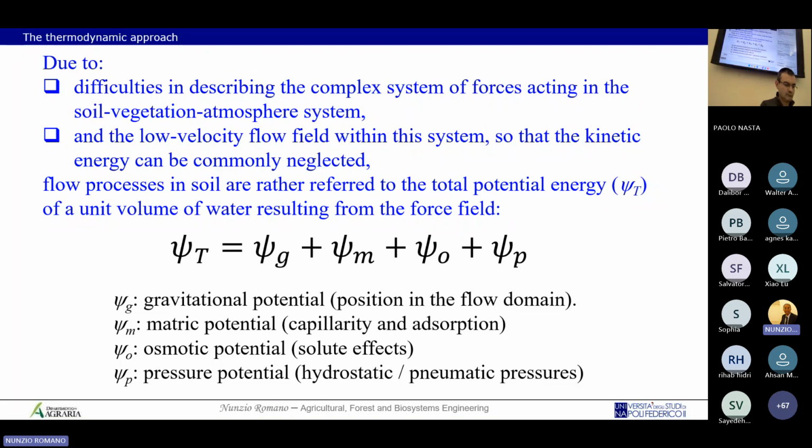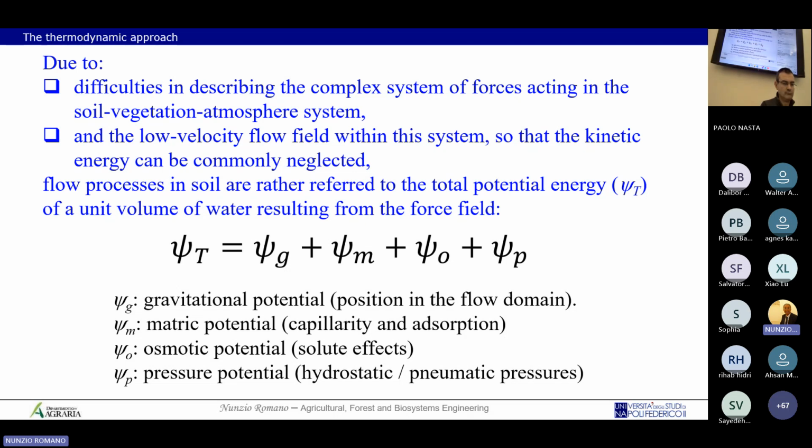So what we have, because of the forces that I mentioned before, is a total potential energy, Psi with the T total, that we can, in a very practical way, split in 4 components. We have the gravitational component that is linked to the position of the water in our flow domain.